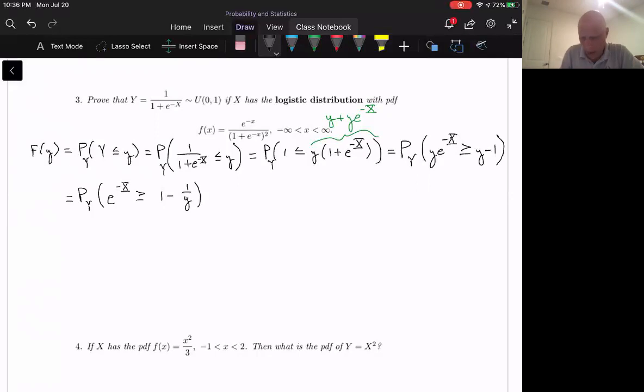And then take the natural log of both sides. And then finally, multiply both sides by -1 to get an x instead of negative x. When you multiply by a negative sign, you also have to flip the inequality.